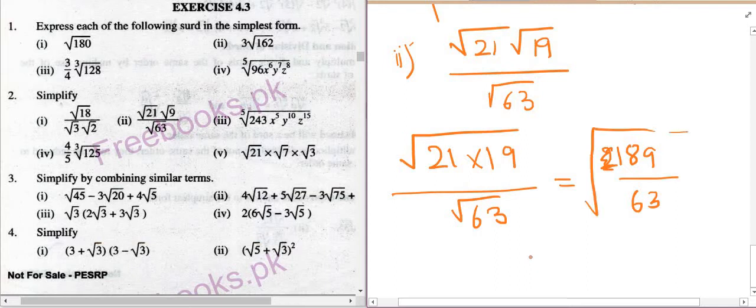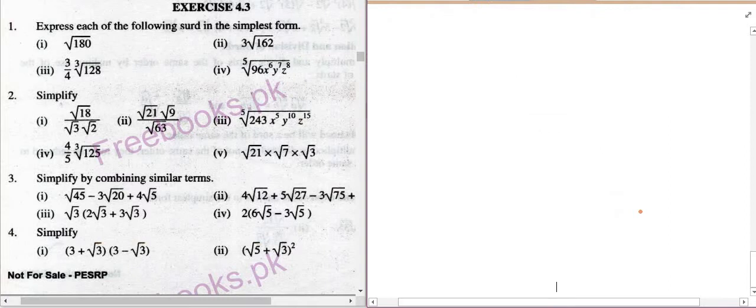This is the root. Just divide these two terms, you will get square root 3.